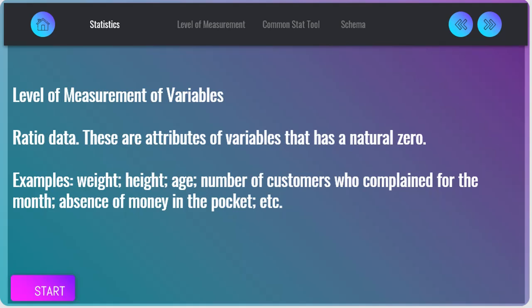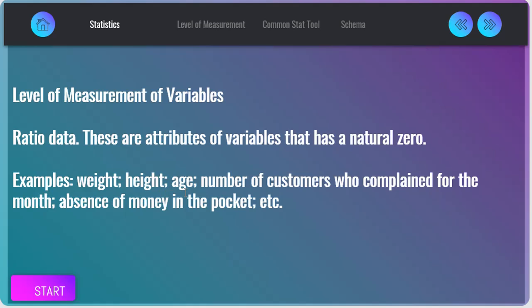These types of variables can be multiplied and divided. Examples are weight, height, age, number of customers who complained for the month, absence of money in the pocket. So they are the types of ratio data.